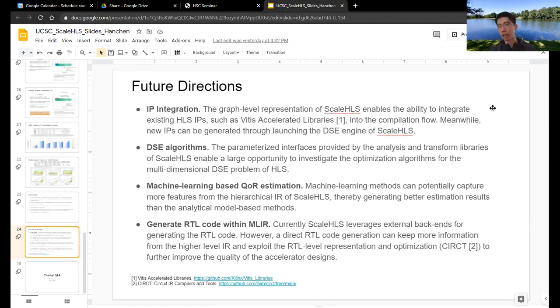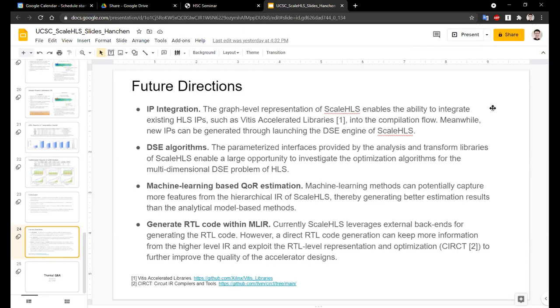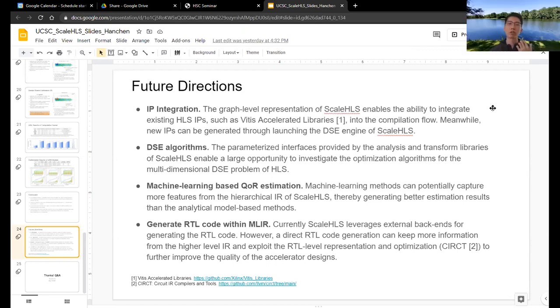And in terms of high-level synthesis, as I mentioned, we need to do the scheduling and allocation and binding for the high-level synthesis compilation. If we have a better intermediate representation in MLIR and do the traditional high-level synthesis compilation on top of MLIR, I would also expect some compilation latency improvement in that part. So both of these two parts are some future directions we can work on.